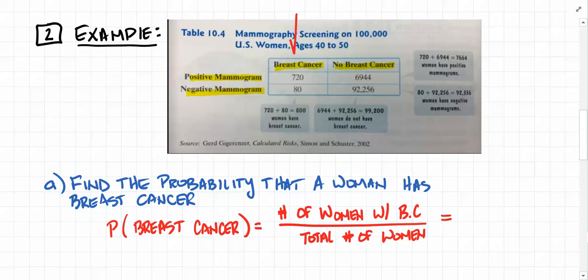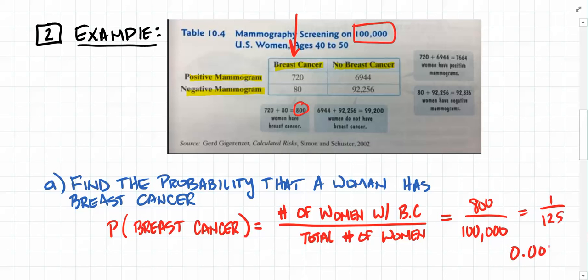We look in this column: 720 plus 80 gives me a grand total of 800 women that have breast cancer. The total number of women is given to us up at the top, that's 100,000. So this fraction is 1 out of 125, or 0.008, a 0.8% chance.